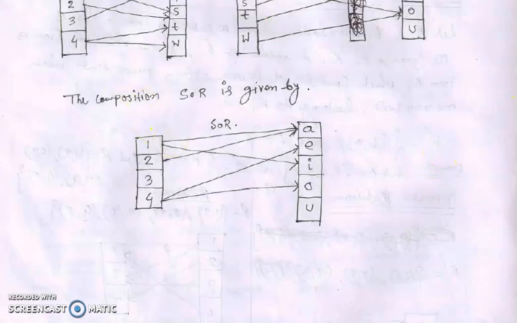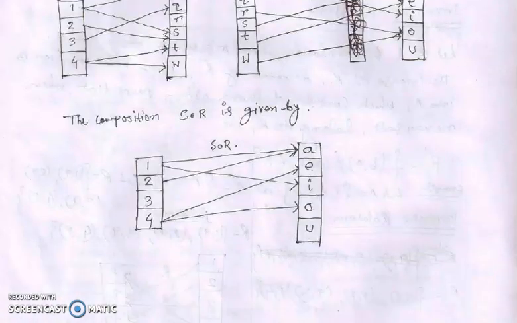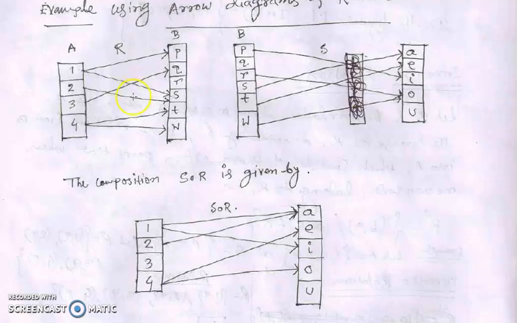Okay, next one is 2. 1 is also R related to S, S is S related to A, therefore 1 should be S composed R related to A. So here we mark an arrow from 1 to A.